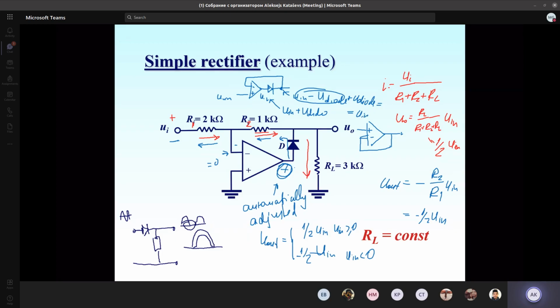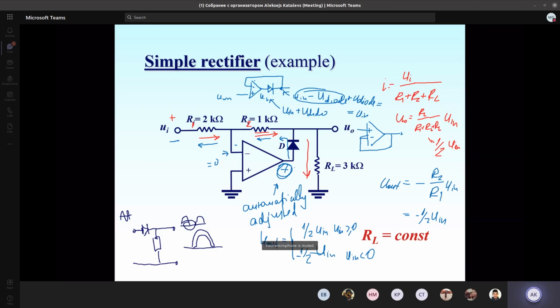So this is a circuit, just remember it, a follower where the diode is included at the output of the amplifier, but the feedback includes both the diode and the amplifier together. This is a circuit known as an ideal diode. So this circuit doesn't have the drawback of the diode's forward bias.